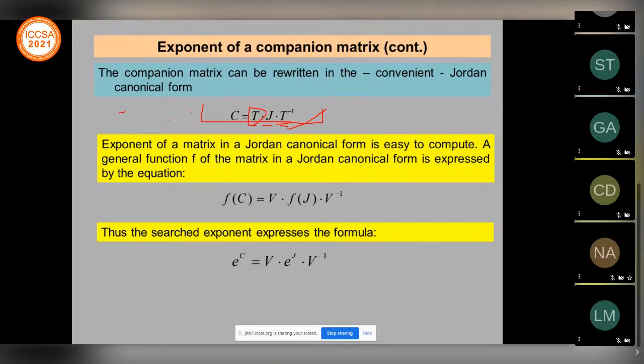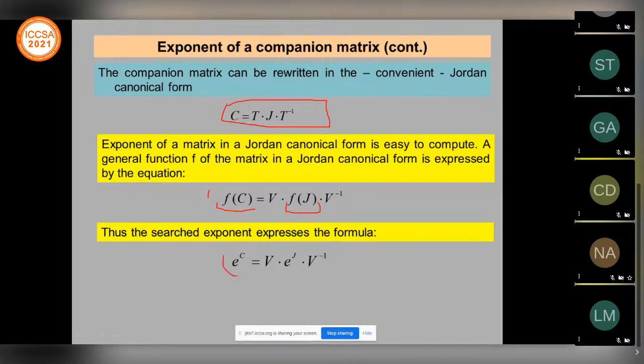It's easy to compute because the general function of a matrix, after Jordan decomposition, is obtained by applying the function to the similarity matrix, and applying the function to the internal Jordan block, which is relatively easy to calculate.